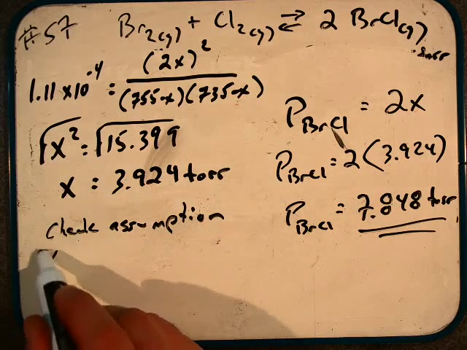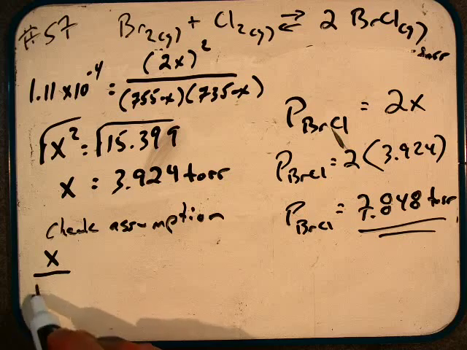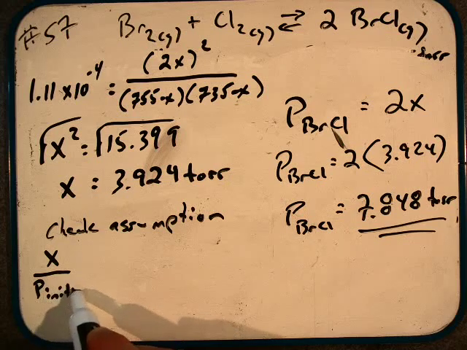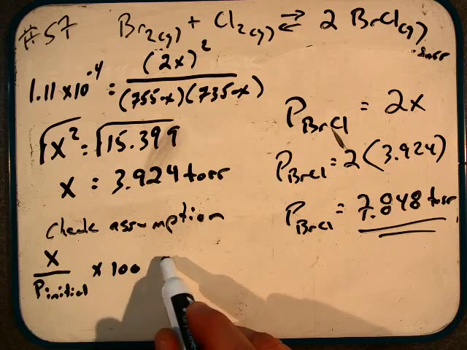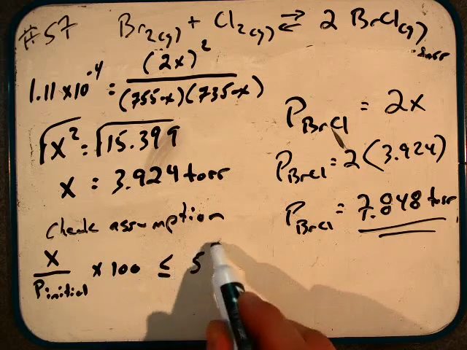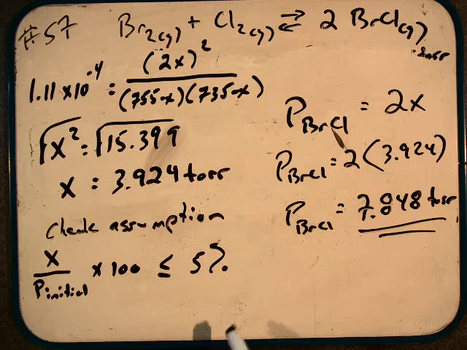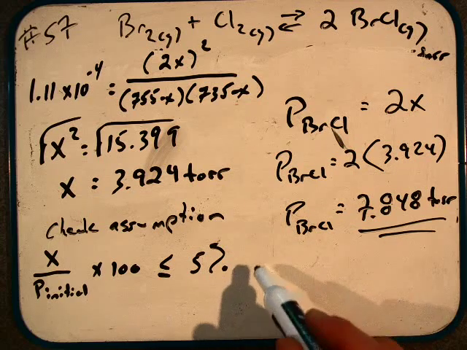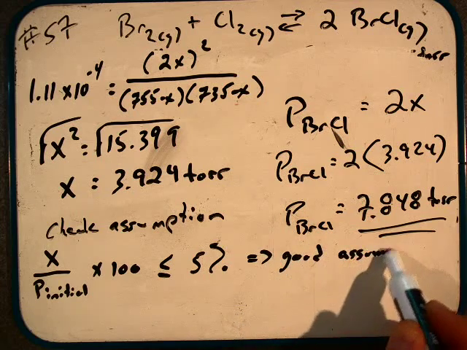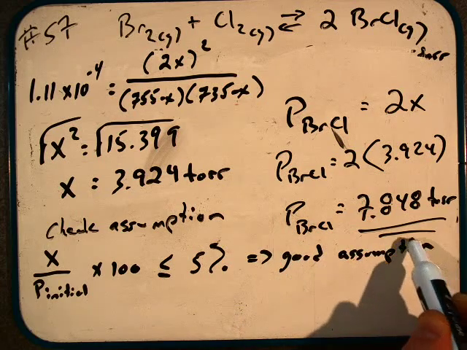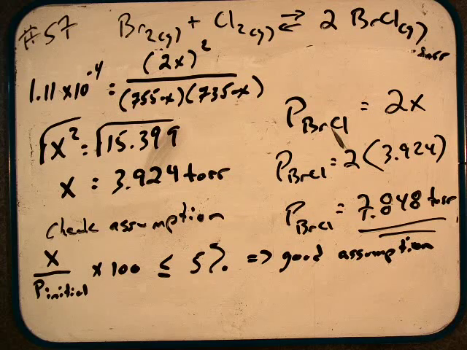We'll take x over our initial pressure times 100. And we want that to be less than or equal to 5%. If it's less than or equal to 5%, that means we have a good assumption in that the change is going to be very small relative to that starting material, and we can simply drop it out of the equation as we did.